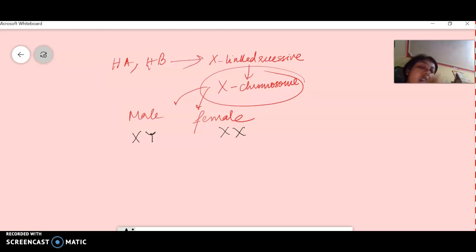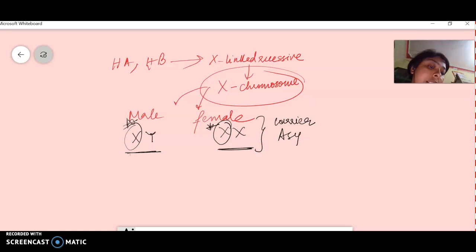So it is very important that if this one X, only one X, is mutated, then of course the male will be affected. But if your female has one X mutated, there is another X which can support, right? And so they are the carrier. They are called the carrier, but they are asymptomatic. Am I clear or not?